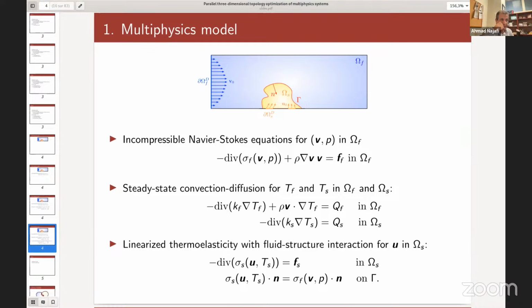At least from the implementation point of view, we don't work with such a mapping. At every iteration, we have a body fitted mesh at hand, and we compute the state variables and the sensitivity variables, which are defined on the mesh, and from that we can compute the shape derivatives on this mesh. Then we identify the descent direction, which is a vector field defined on this mesh.